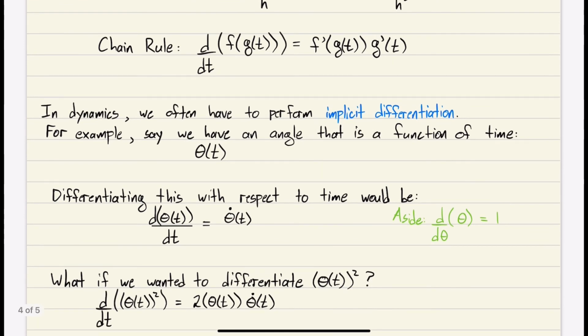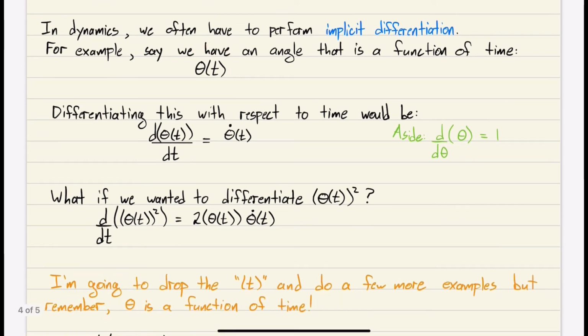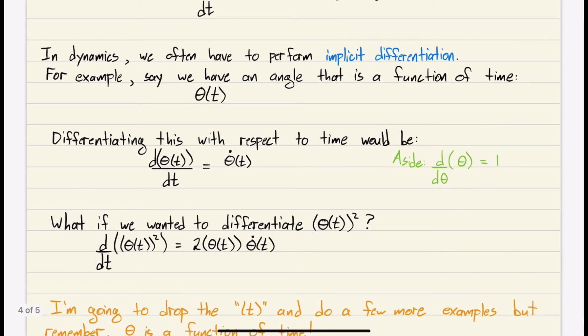In dynamics, we often have to perform what's called implicit differentiation. For example, say we have an angle that is a function of time, theta of t. Differentiating this with respect to time would be d theta dt, which is just equal to theta dot.